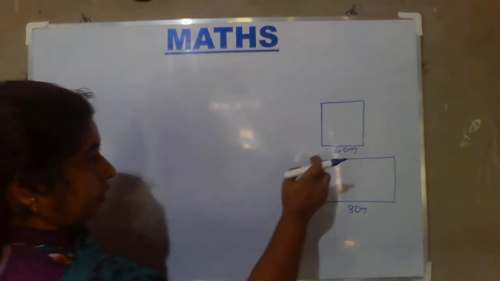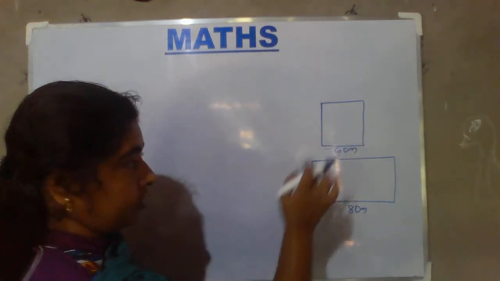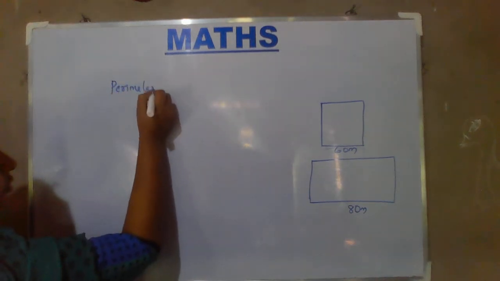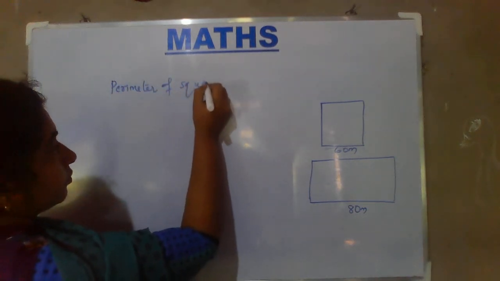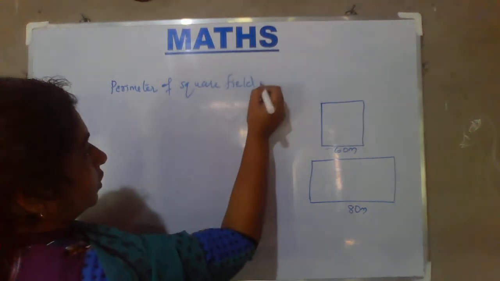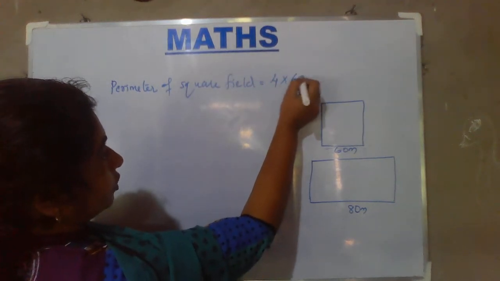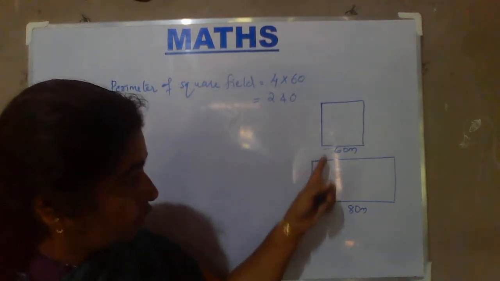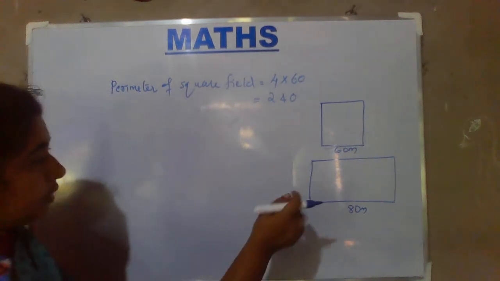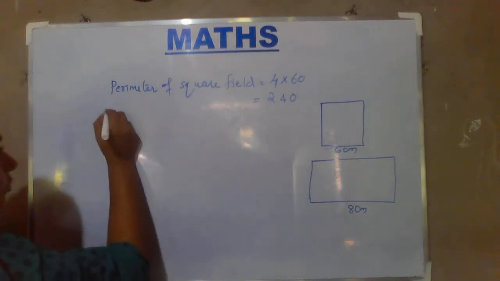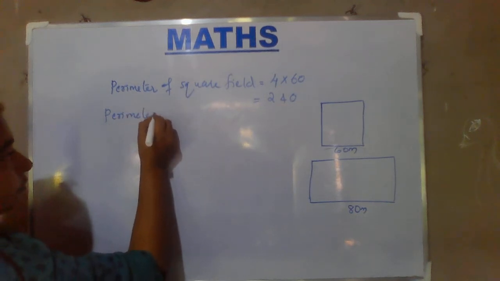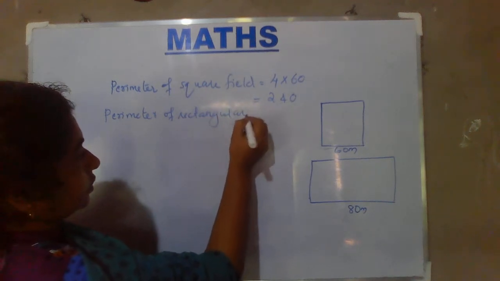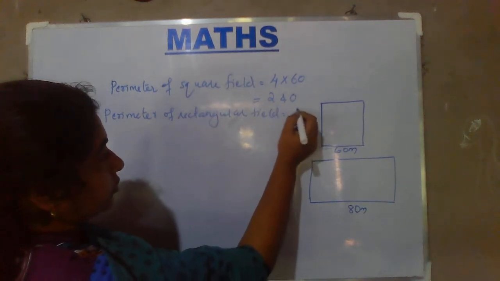Now here given the side of a square field is 60, so the perimeter of square field is 4 into side, that is 4 into 60, which is 240. And given that these two fields have same perimeter, so the perimeter of the rectangular field is also 240.